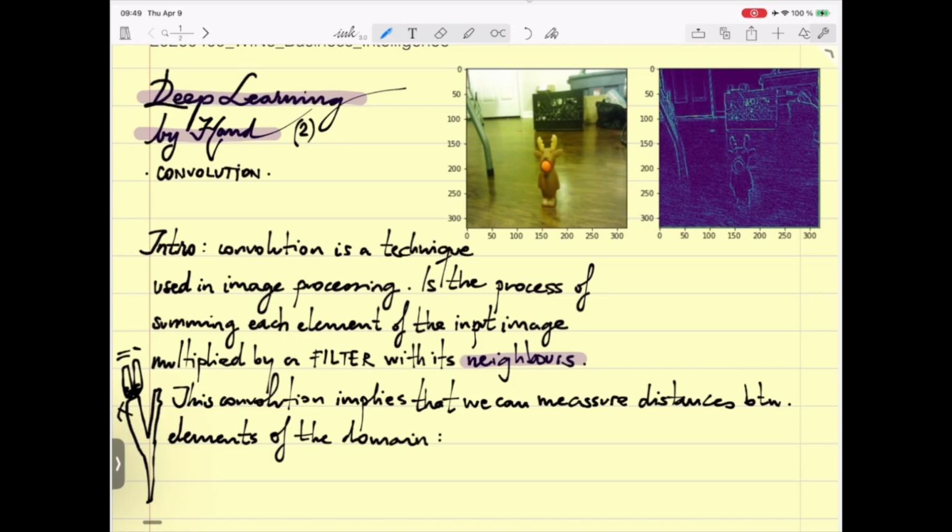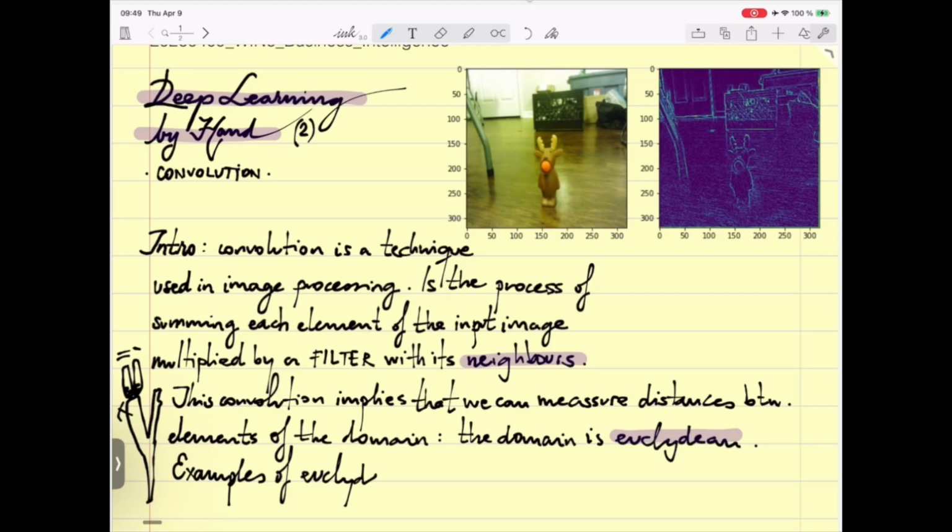In other words, the domain is Euclidean. This is important, okay? Examples of Euclidean domains are images, videos, audio files, and so on.